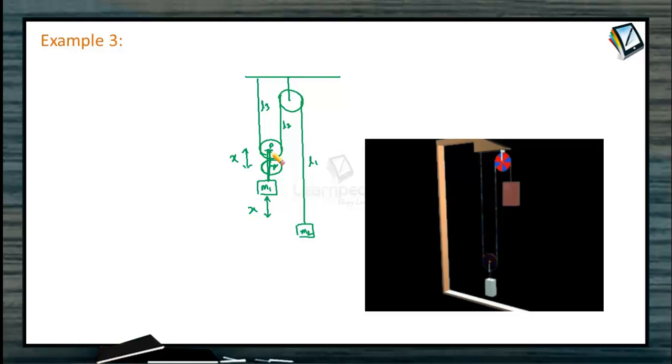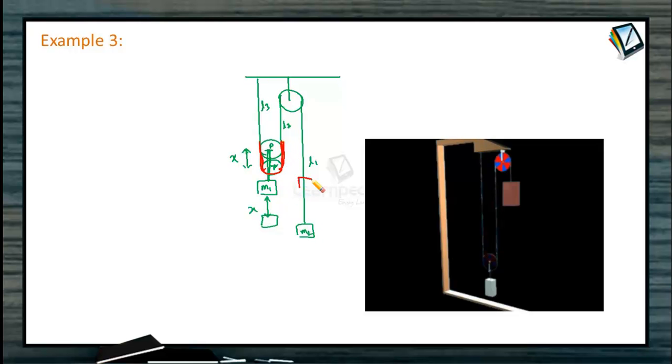So when this body goes down by x, this pulley also should follow. So this will travel a distance x down. Now the string will roll over this pulley and will start going through like this. So this side it will go down x, this side will go down x.